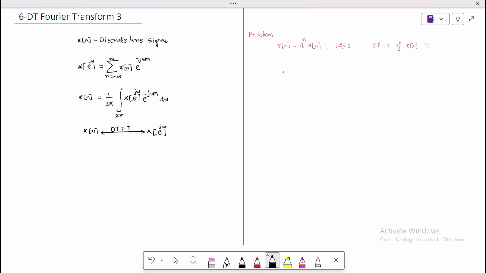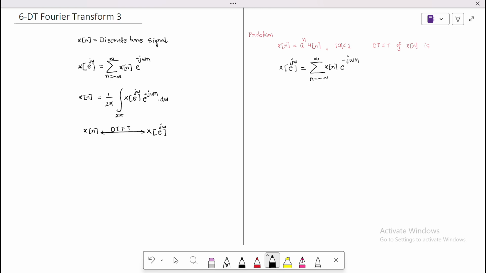We have the formula for the discrete time Fourier transform: X of e power j omega equal to sigma n from minus infinity to plus infinity x of n into e power minus j omega n.